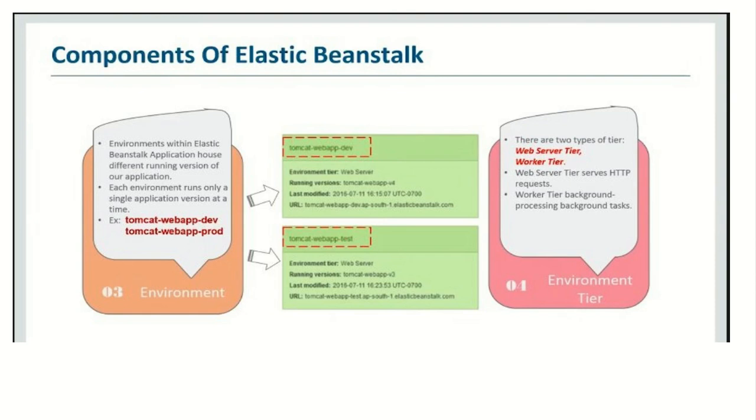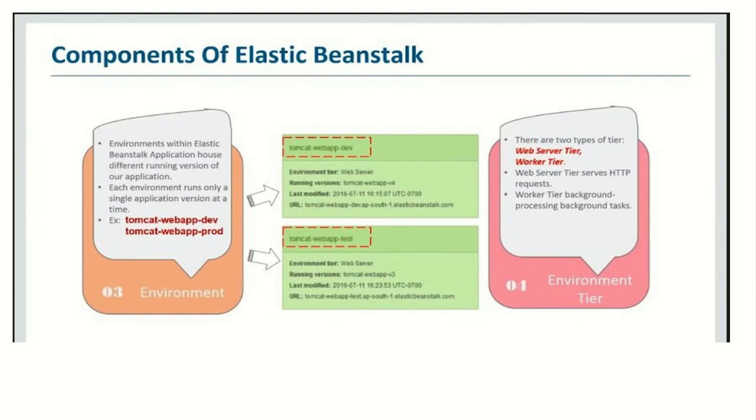And suppose we have the same or different versions of our application installed on all these environments. It's possible to run all these application versions at the same time. I hope that is clear. We will understand them practically when we deploy an application in a later part of the session. Then we have something called environment tier.